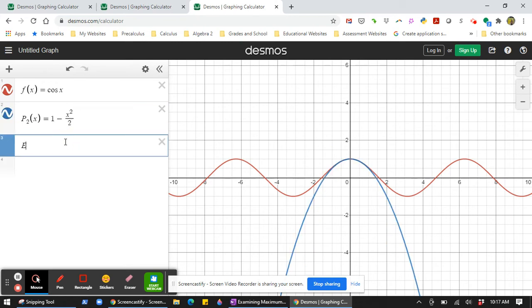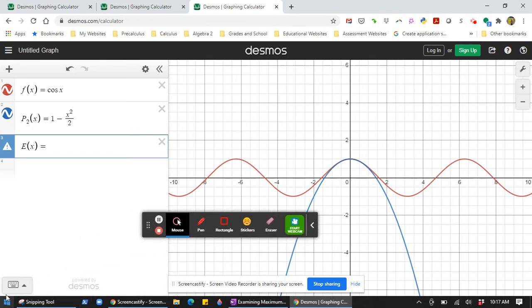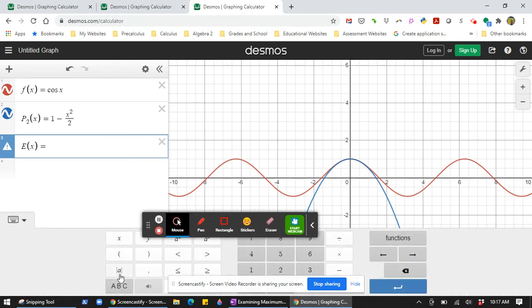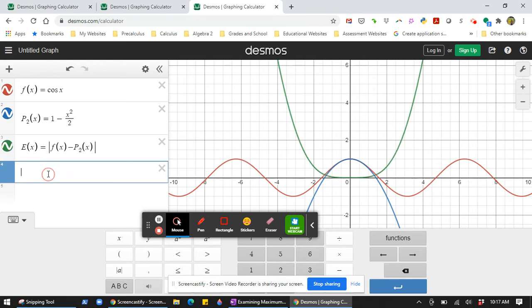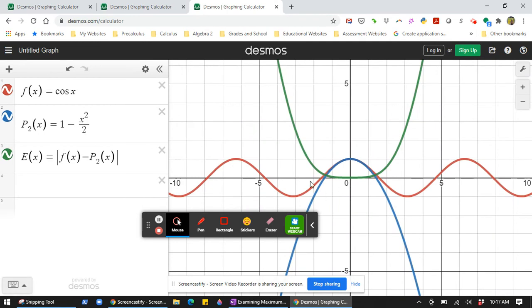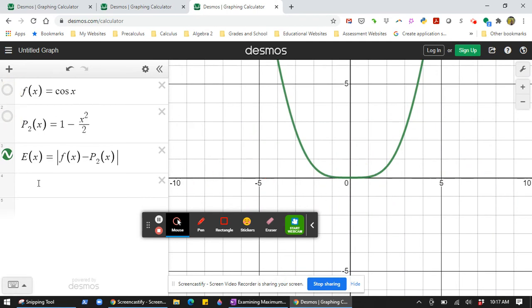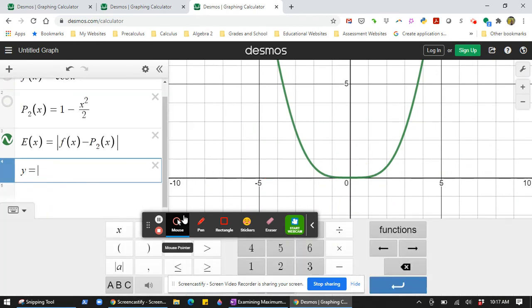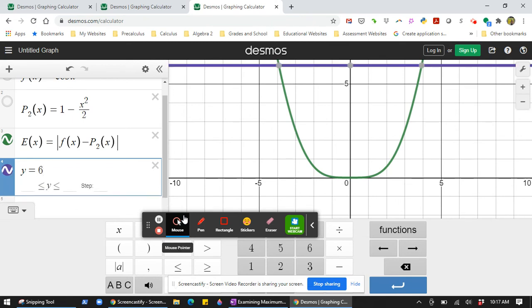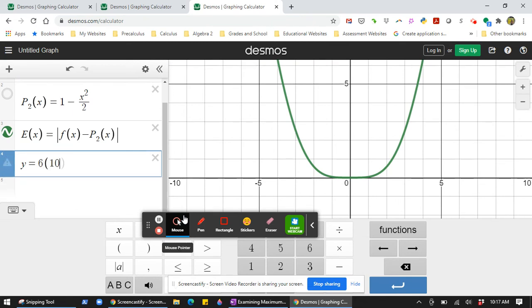And our error is just the absolute value of f of x minus that. Okay, and we don't really need to see the red and the blue. We just wanted them to be stored. So now I graph y equals 6 times 10 to the negative 3.